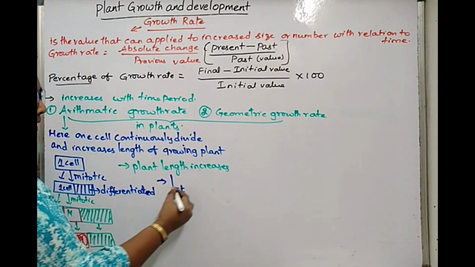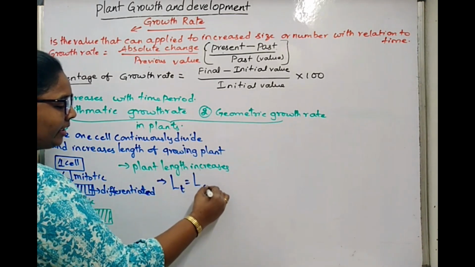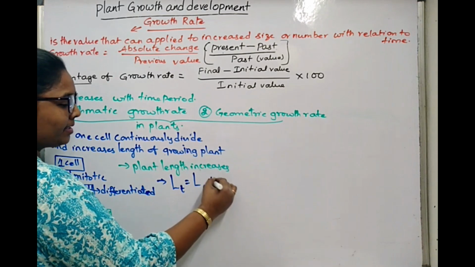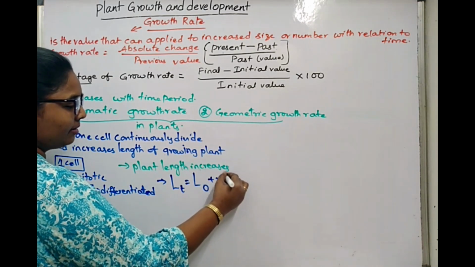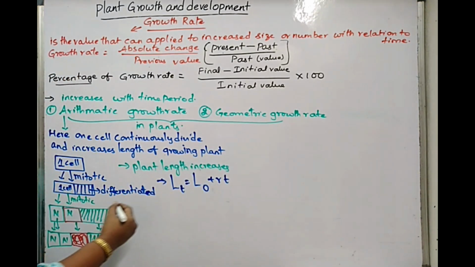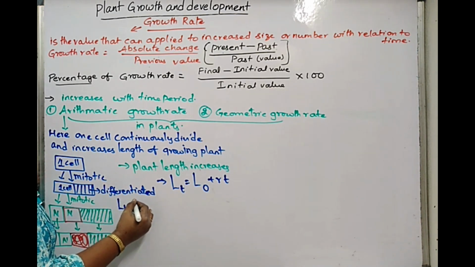length at a particular final time period is equal to initial length plus growth rate at a particular time period. Here LT indicates total length that is attained after a particular time period.